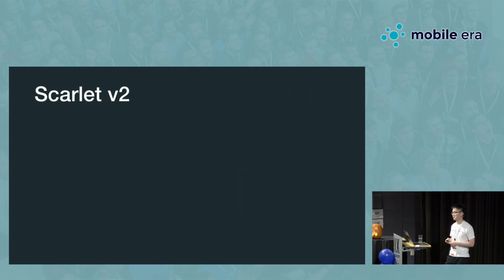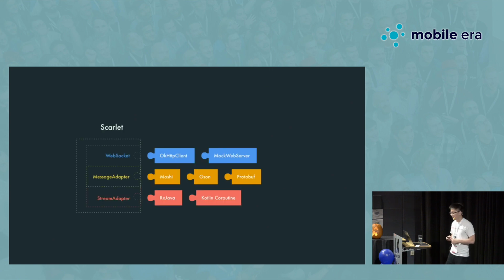Since Scarlet was released in June, we received a lot of feedback on GitHub. The most wanted feature is supporting more protocols. We are working on a V2 to address this need. Let's take a look at the plugin Scarlet has. All right, here's what we did.